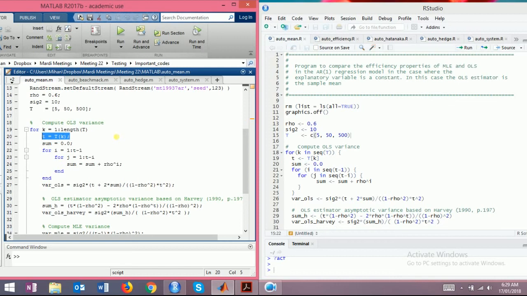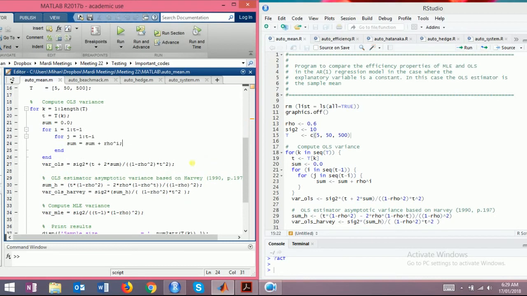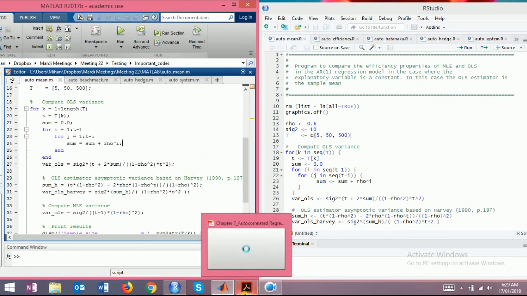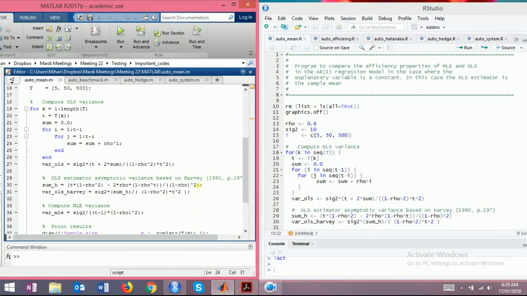Sum is 0. By rows, for i equal to 1 to t minus 1, j equal to 1 to t minus i.